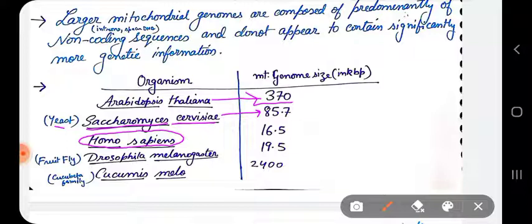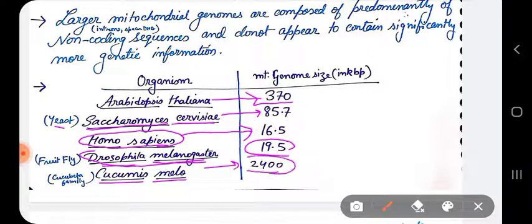Homo sapiens contains about 16.5 kilobase pairs of mitochondrial genome. Fruit fly, Drosophila melanogaster, has about 19.5 kilobase pairs of mitochondrial DNA. Then Cucumis melo contains a very high amount of mitochondrial DNA, but most of it is not coding.